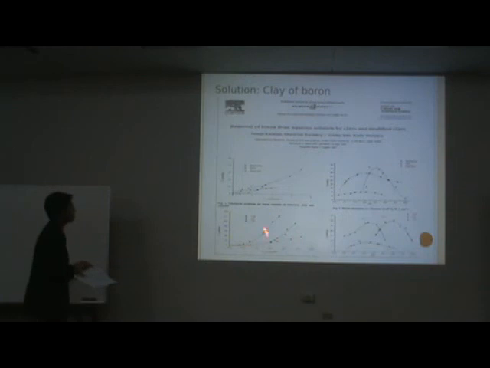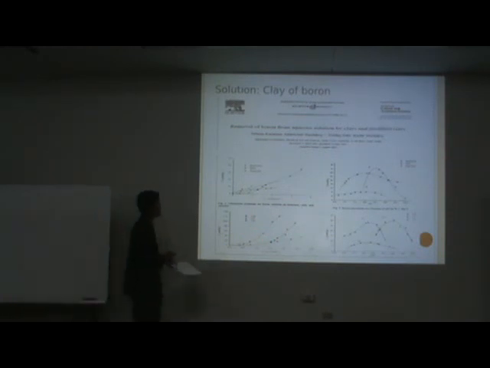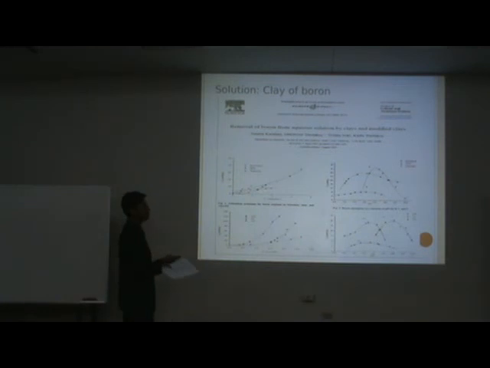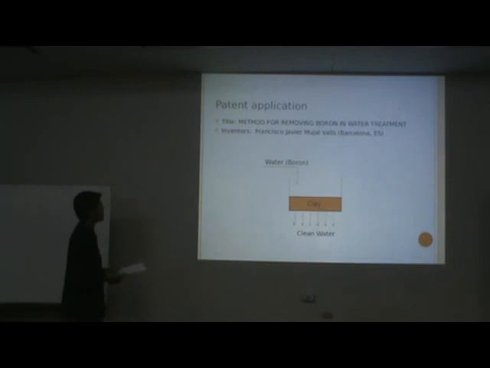And in this graphic, we can see how this modifying agent affects the absorption of boron. And in this graphic, we can see how the pH affects this modified clay. The next.